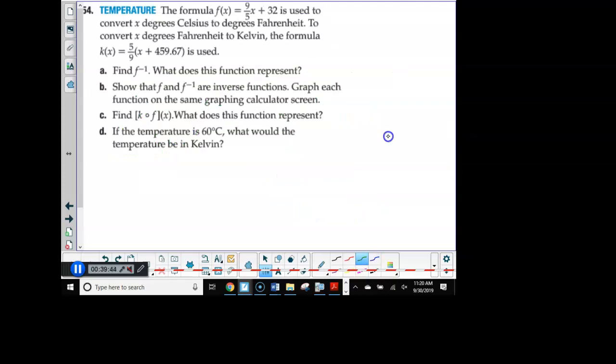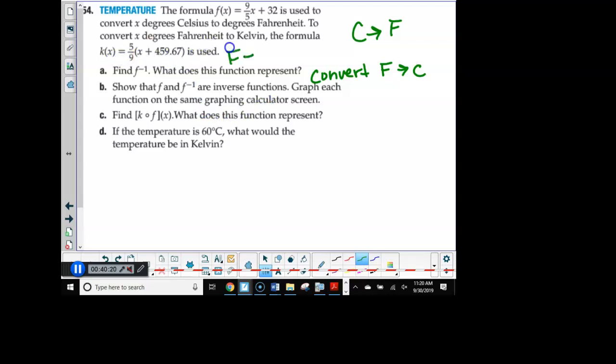All right, we don't have a lot of time, but I want to talk a little bit about this formula. It converts Celsius to Fahrenheit, guys. So what would the inverse function do? It would convert Fahrenheit into Celsius, okay? They want you to find that equation and then put one inside the other or graph them and show that they're inverses, okay? Now, here's the function for Kelvin.